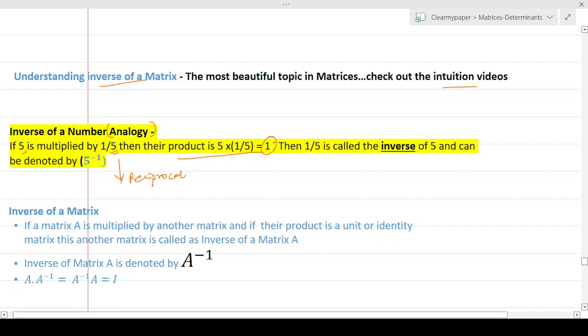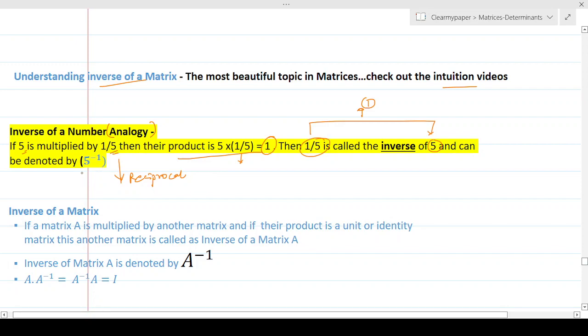In which case, both these numbers are called inverses of each other. You can say 1 by 5 is the inverse of 5, because when you take the product of the two, the product is 1, and hence you can also say 5 is the inverse of 1 by 5. It doesn't matter.